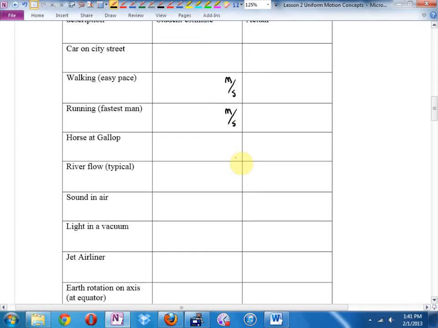Take your best guess for a horse at a gallop. Try answering that in meters per second. Best guess for a river flow, meters per second. Trying to get you used to our preferred physics units. How fast do you think sound travels?